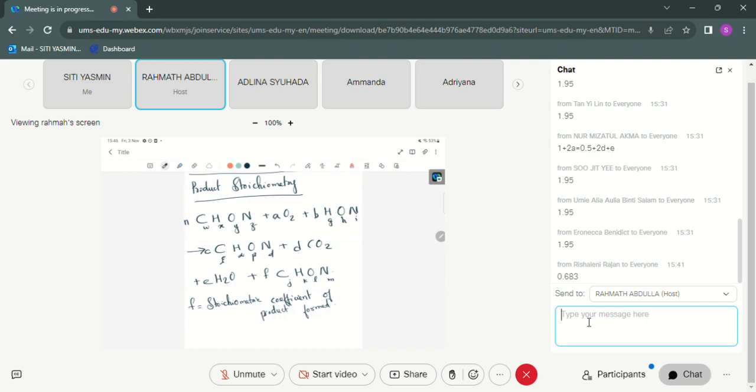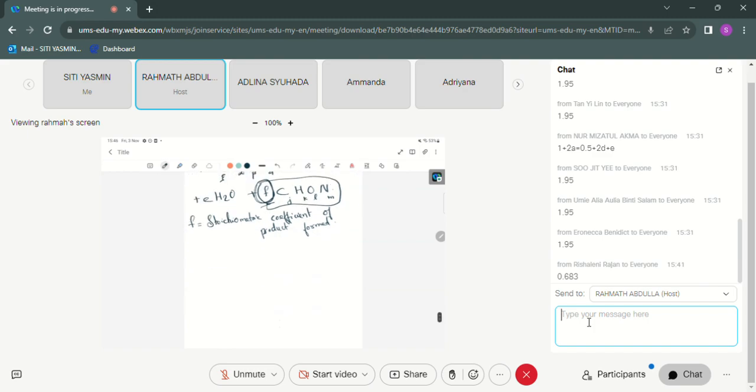Over here you can see N, A, B, C, D, E, and F. Those are the stoichiometric coefficients. Now our concern is this one, which is called the product stoichiometry. This is the product formed, and here F represents the stoichiometric coefficient of the product formed.